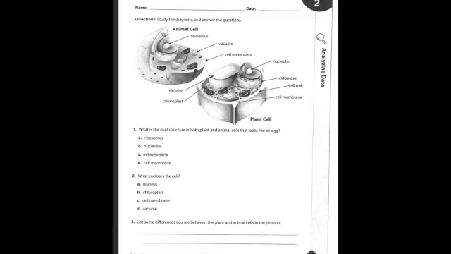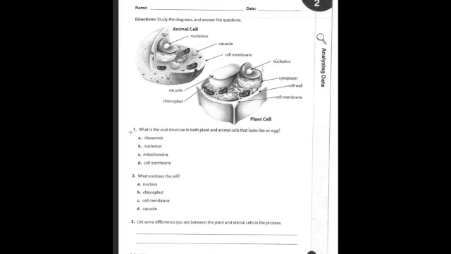And here, this is the plant cell. Vacuole here, chloroplast, cell membrane, cell wall, cytoplasm right in here, and nucleolus right here.